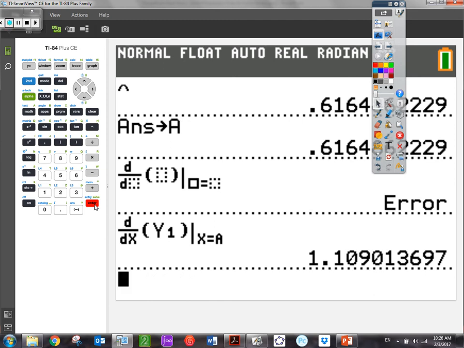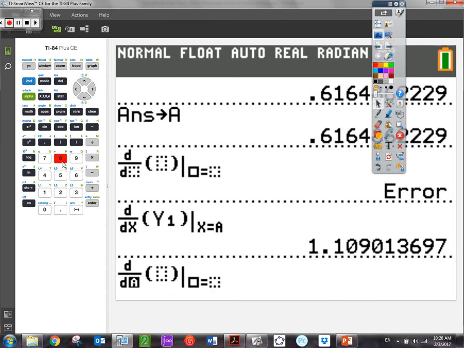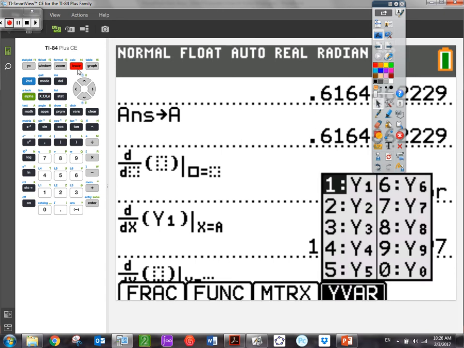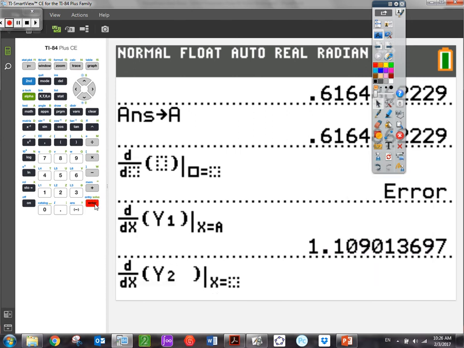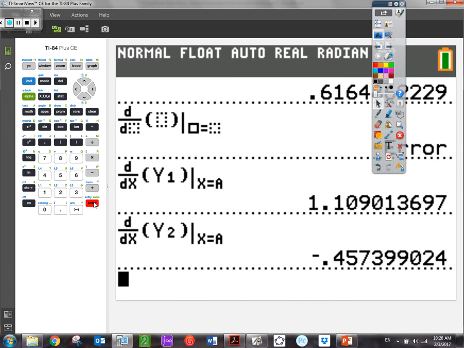Okay, let's go back and find the y component of our acceleration vector. So again, math 8. This time it's with respect to x. We're going to pull down that y2, which was alpha trace, and let's move to y2. And we want that at that value that we calculated previously, which we have in alpha a. And so there's our acceleration vector.